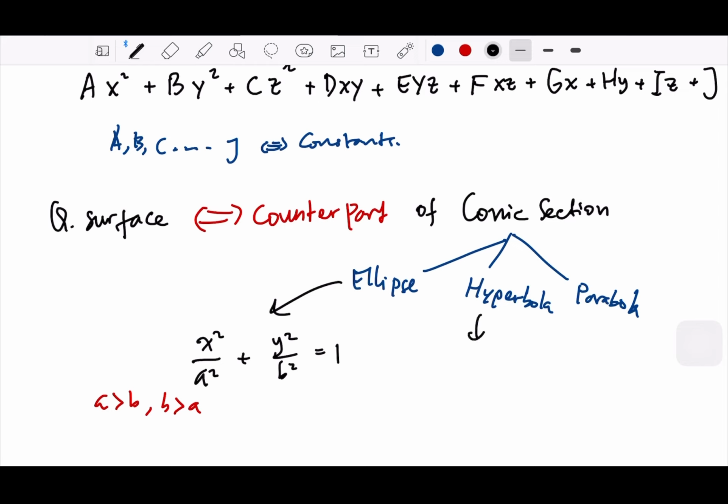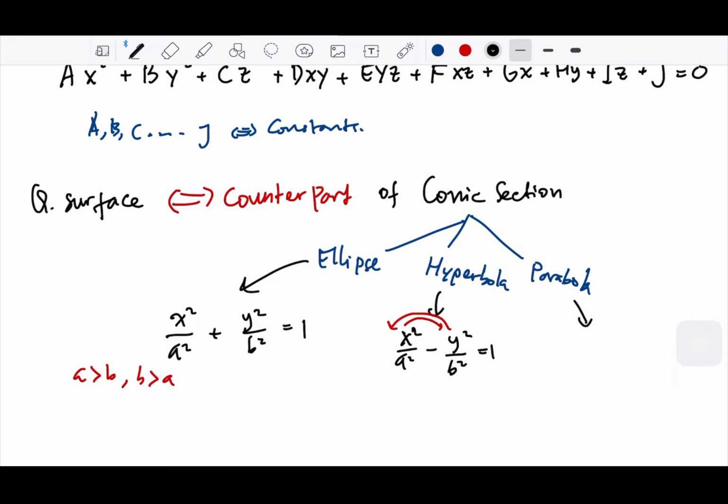And we have the hyperbola, that is if we have x squared minus y squared, or y squared minus x squared, and which one has the opposite sign determines how the hyperbola will be, top down or left right.